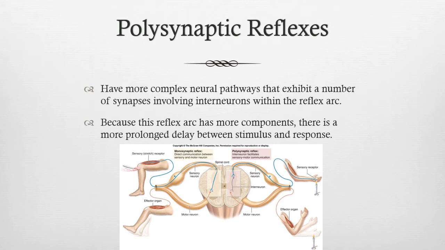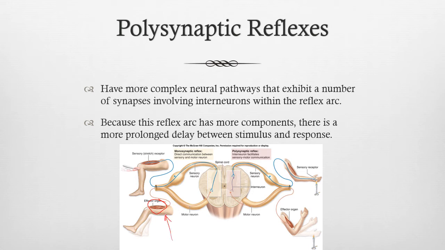Polysynaptic reflexes are going to involve those interneurons. And so this is going to be something like I described in terms of our crossed extensor type of reflex, where this is going to involve stepping on something and then sending that information across to the other side as well. This is also going to be utilized when, in order to cause contraction of one set of muscles, we may also have to inhibit the other set.